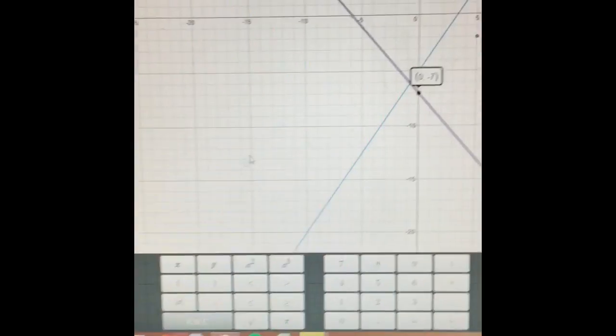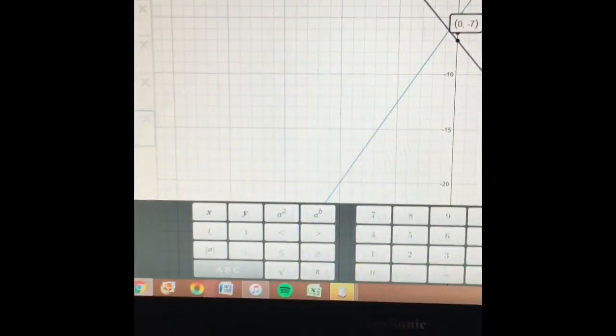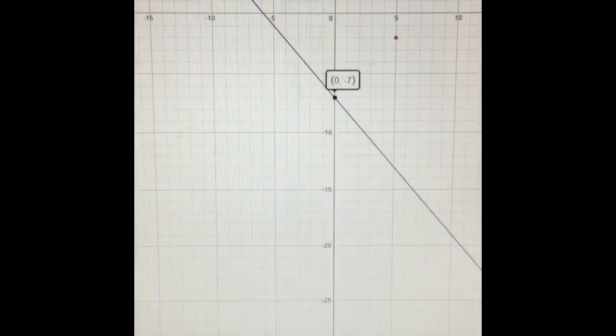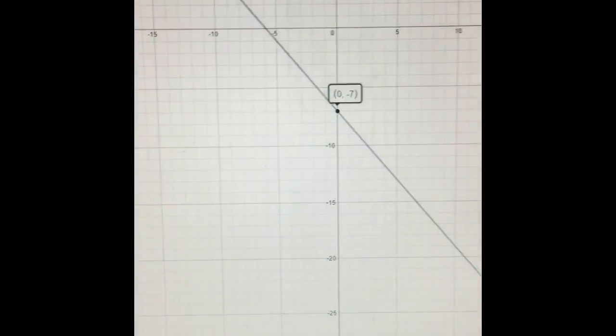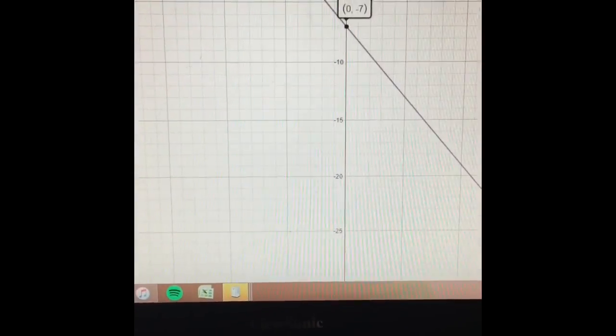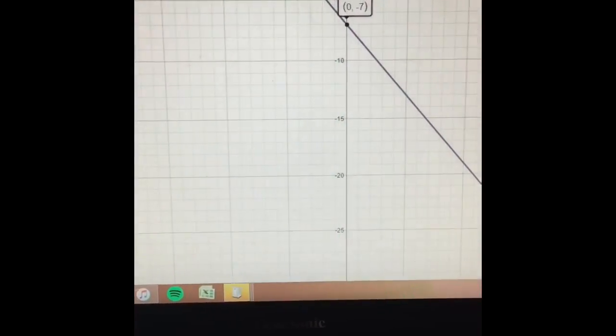Number 44, this one's definitely easiest to use Desmos or a calculator. So what you do is you graph the equation, and part A is the graph on right now. To find the slope, you count. For example, this is a point right here, 10, 5.